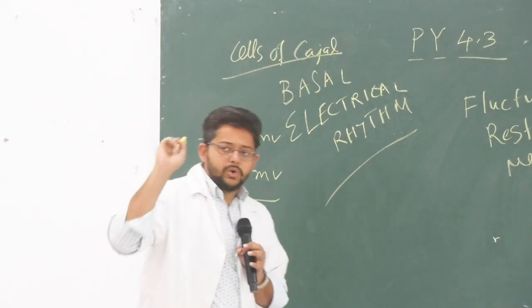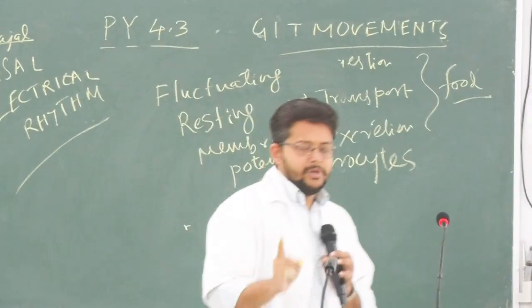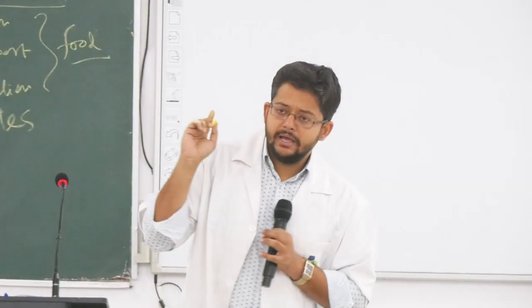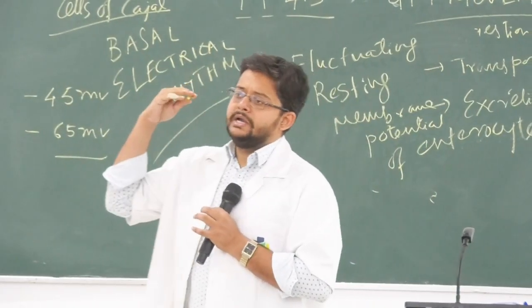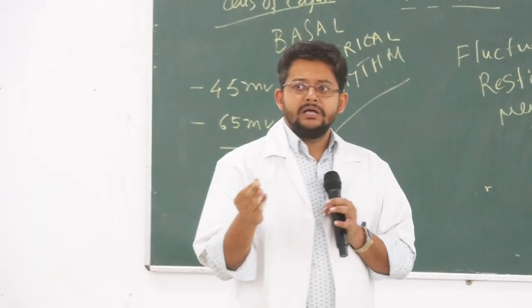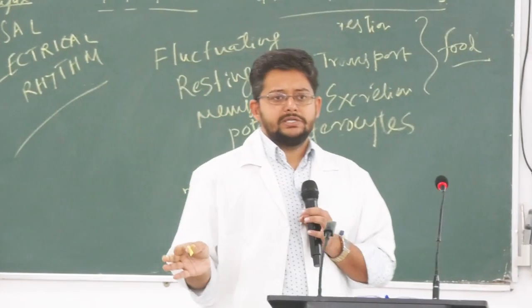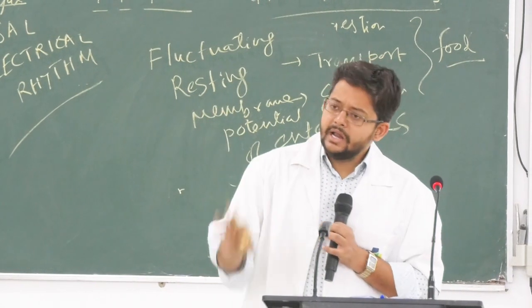So এটা হচ্ছে the source of basal electrical rhythm. So fluctuating RMP which is sourced from interstitial cells of Cajal in enterocytes is basal electrical rhythm.